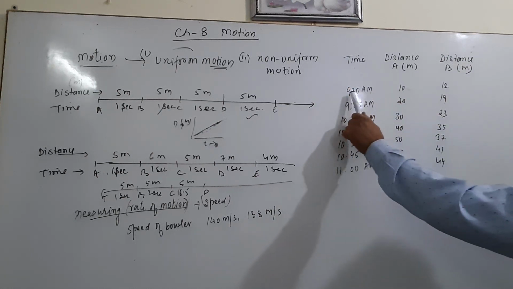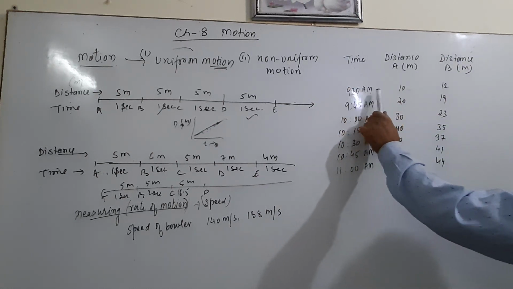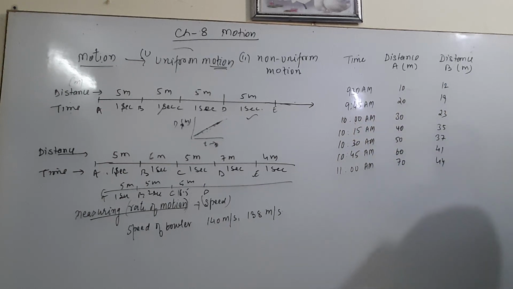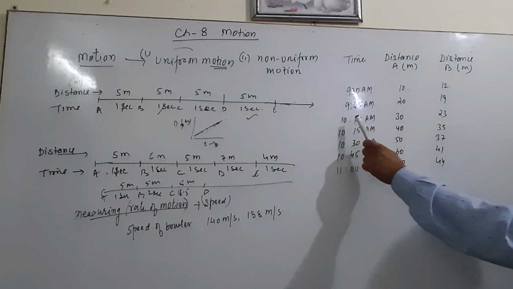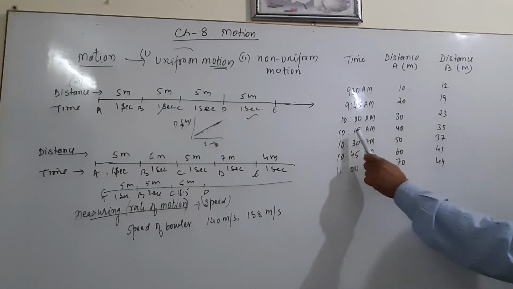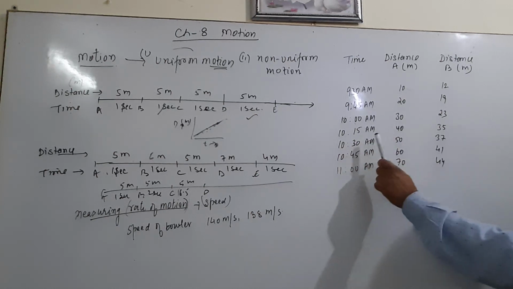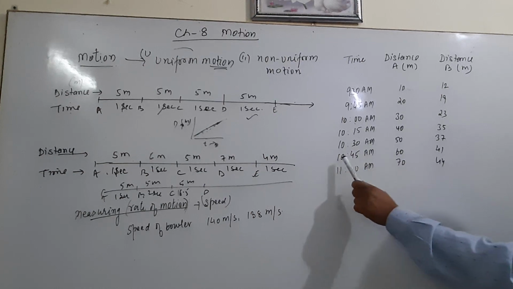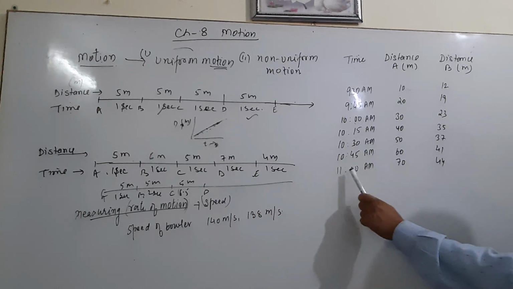At 9:30 a.m. the distance covered is 10 meters, at 9:45 it is 20 meters, at 10:00 it is 30 meters, at 10:15 it is 40 meters, and so on.